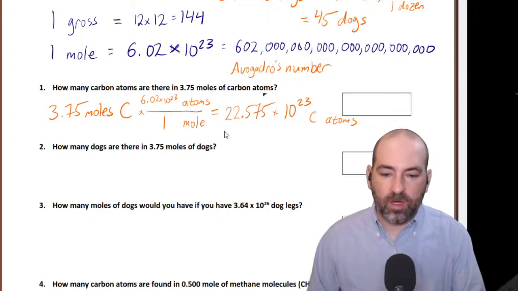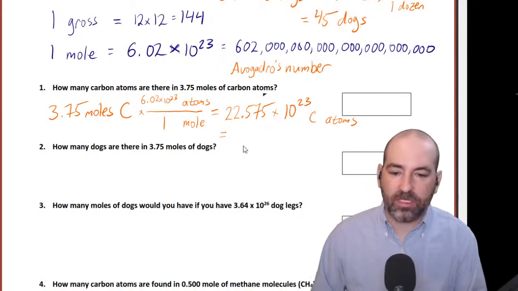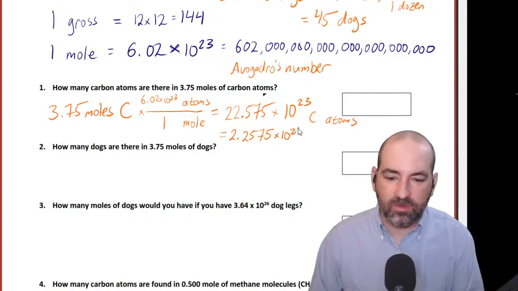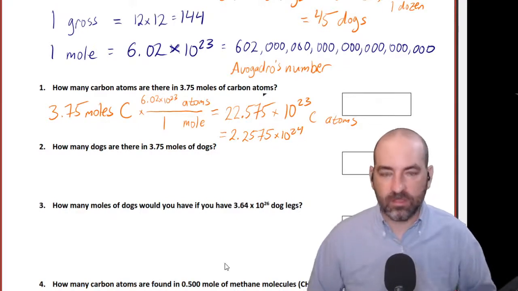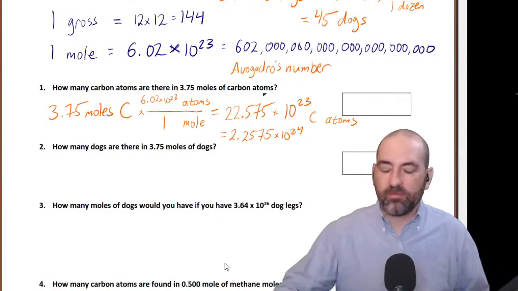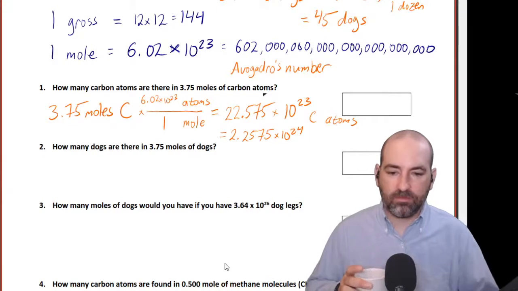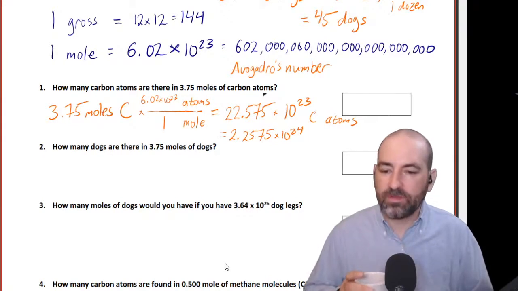So if we really wanted to be proper here, we would move the decimal over and compensate by adding to the exponent here. So we could also call this 2.2575 times 10 to the 24th. I mean, that's the same thing. We're just adding another place of 10 to our power of 10.